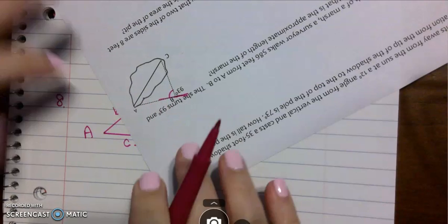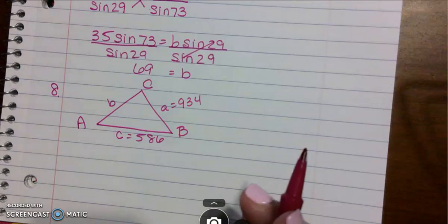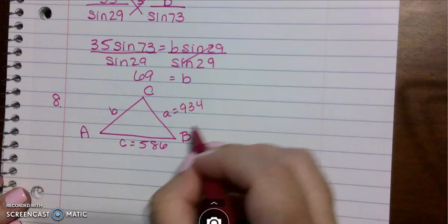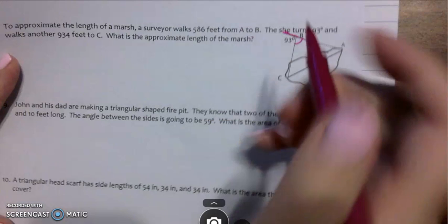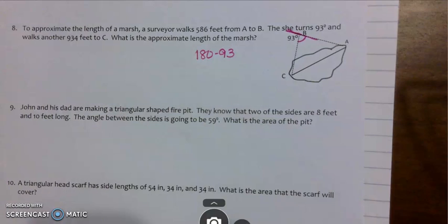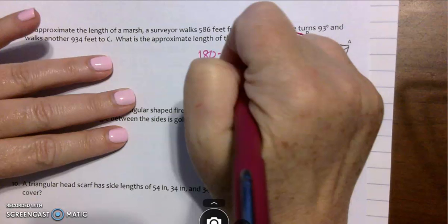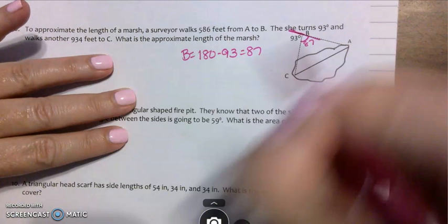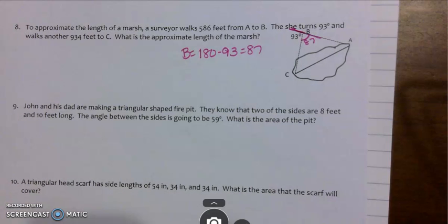And the answer is yes. To find this angle, we're going to do 180 minus 93. I got 87 for big B. I hope that does make sense, that that line does equal 180.